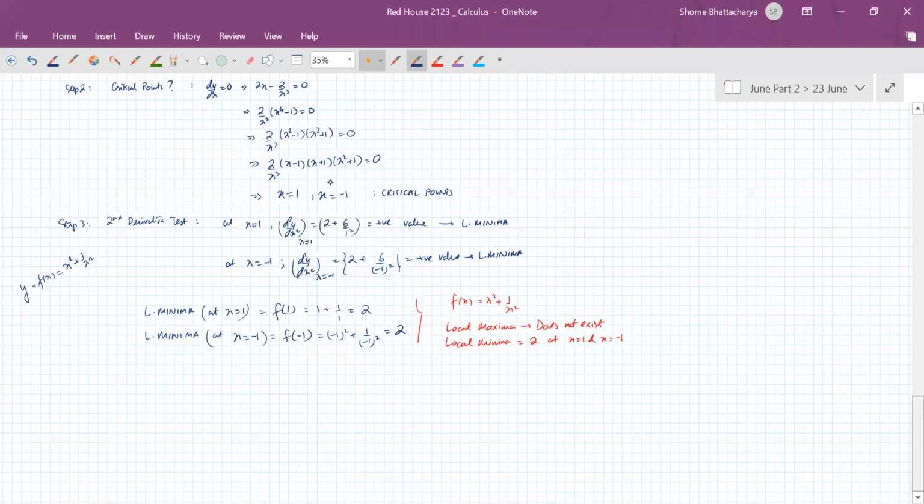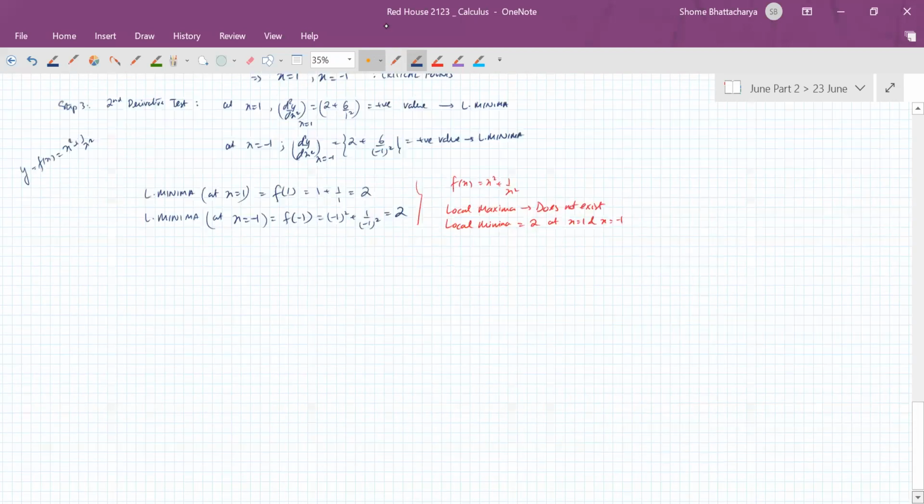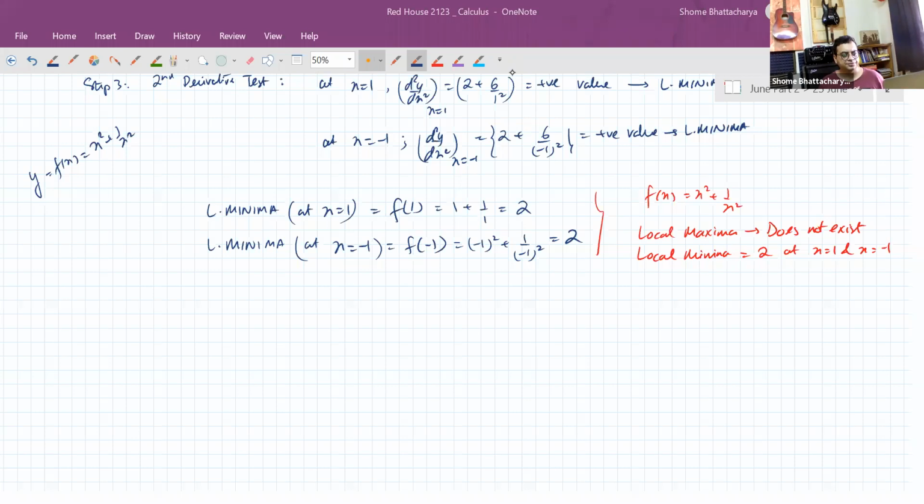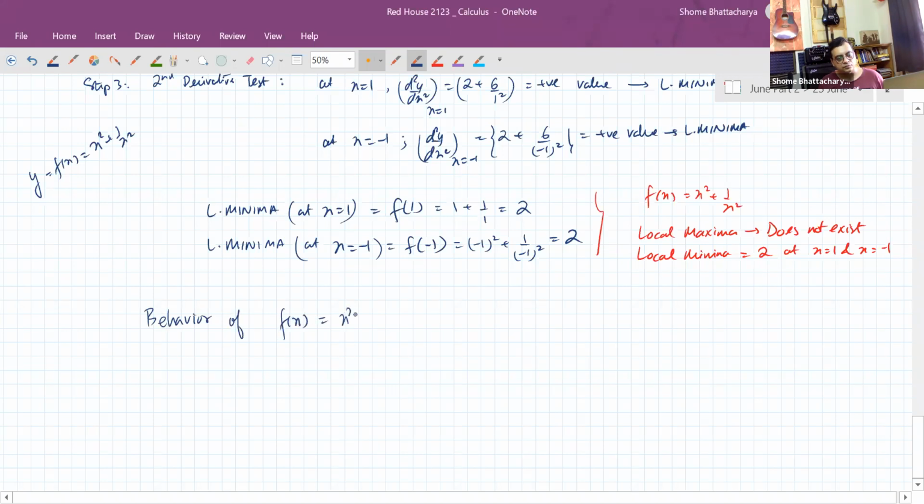Now let's try to understand the logic of why this happens. As far as the question is concerned, this is done and this is enough. But again, if we try to understand the behavior of this function, we can see that the domain is like this, and the derivative of the function.